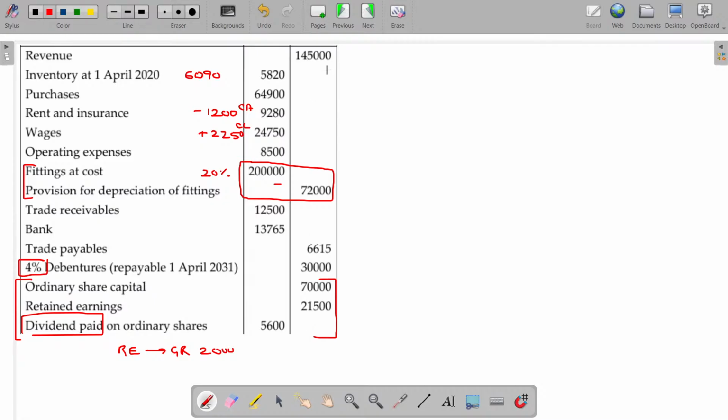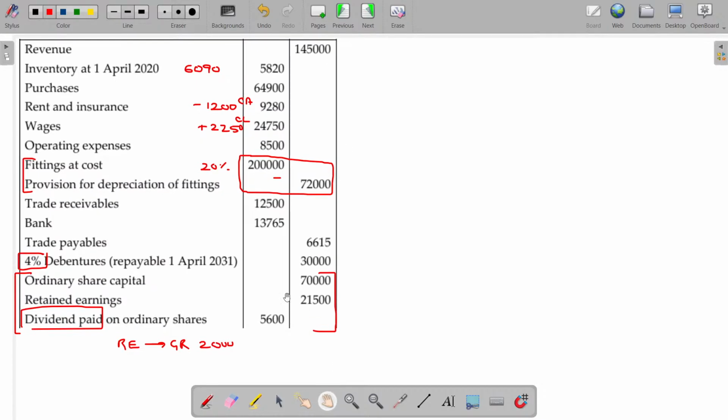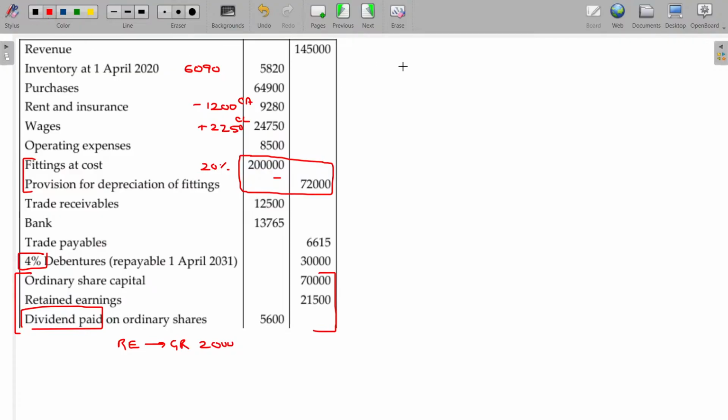Right. We'll start with the income statement. Revenue 1,45,000 minus cost of sales.